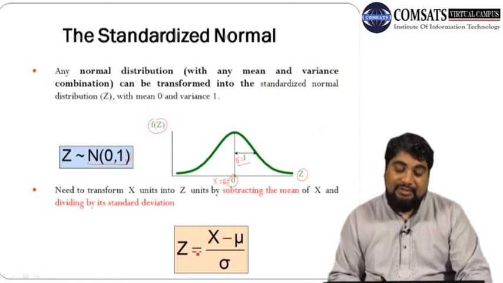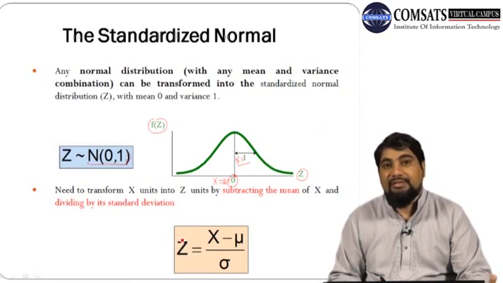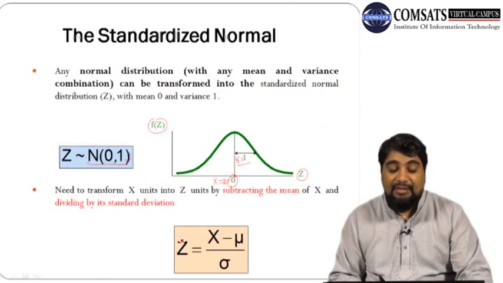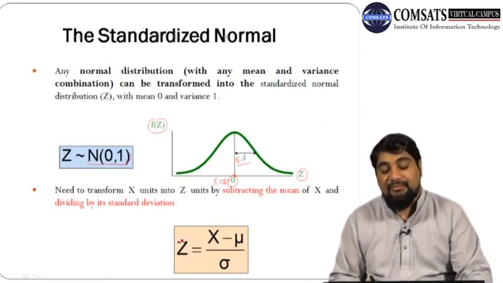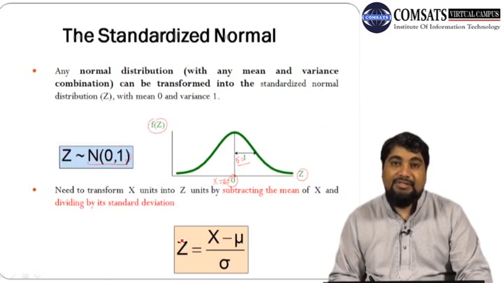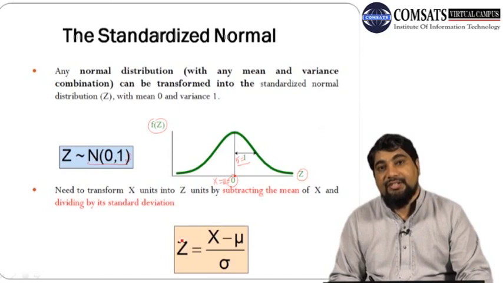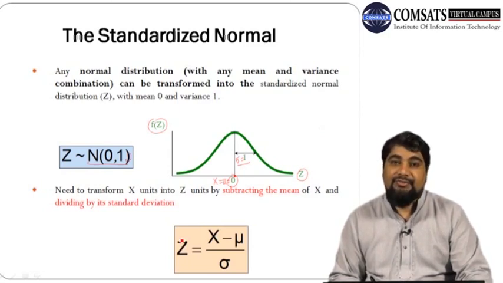Here is the formula which is usually used. We have discussed this formula in one of our earlier lectures as well. z is equal to x minus mu over sigma. If we subtract mu from x, we are centering it, making the mean of z 0, and if we divide this expression by sigma as well, we are shifting the standard deviation to 1.